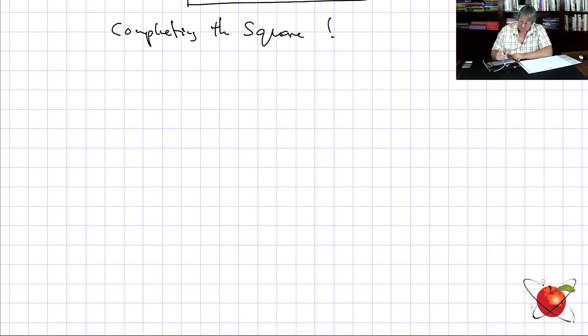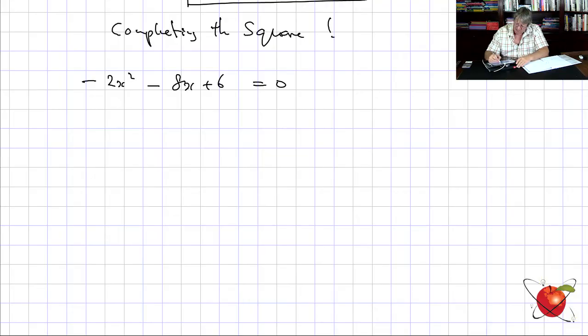Now, what happens if we take this? Let us take an equation now. Minus 2x squared minus 8x plus 6, and we say equals 0, right? Now remember, this is the same one that we just did. I'm just using it now as an example. I've changed it from just simplify.